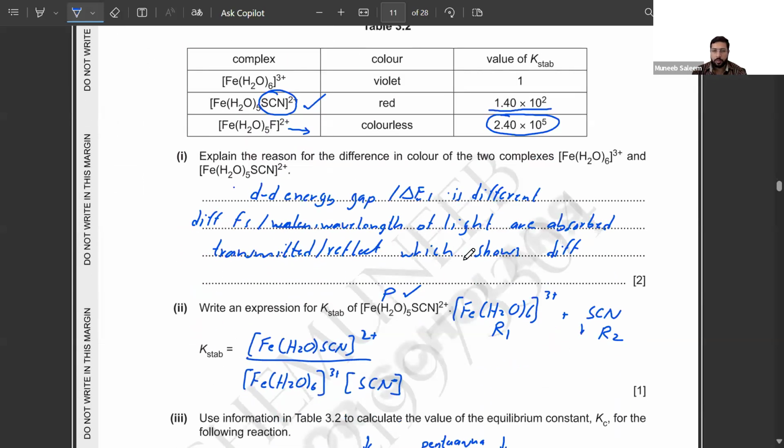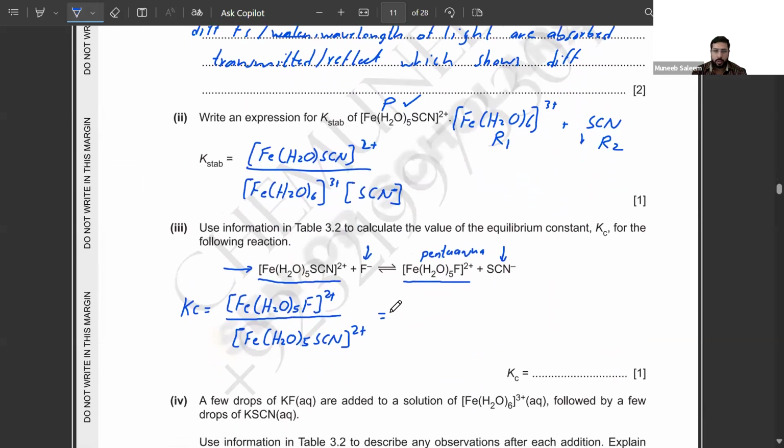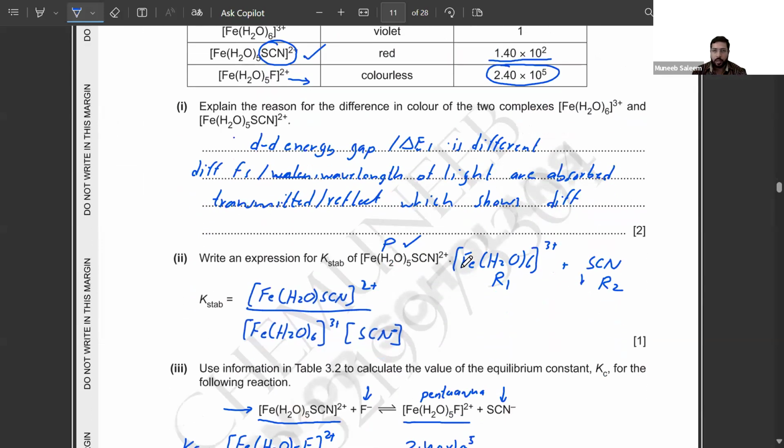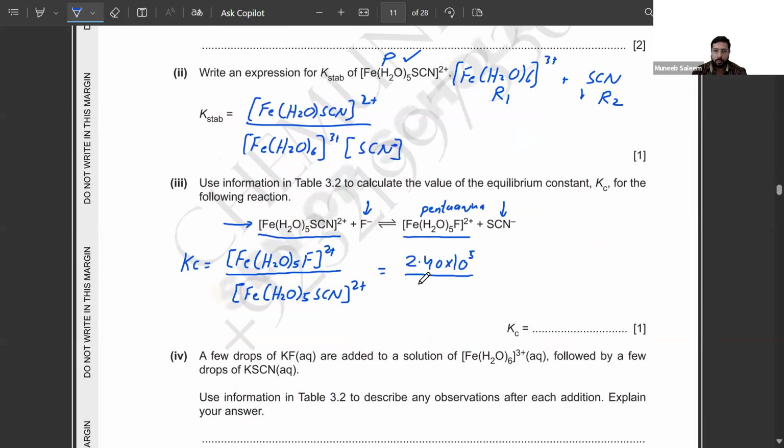So we'll apply these values over here: 2.40 into 10 raised to power 5 for the fluoride ligand, and for the thiocyanide, 1.40 into 10 raised to power 2.